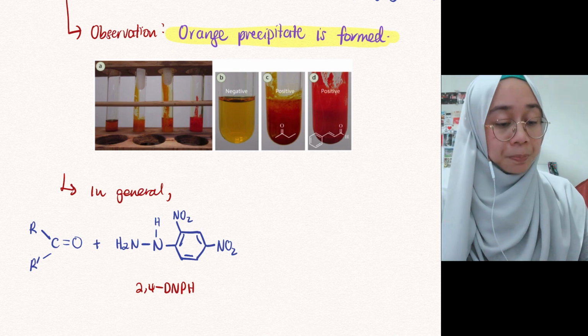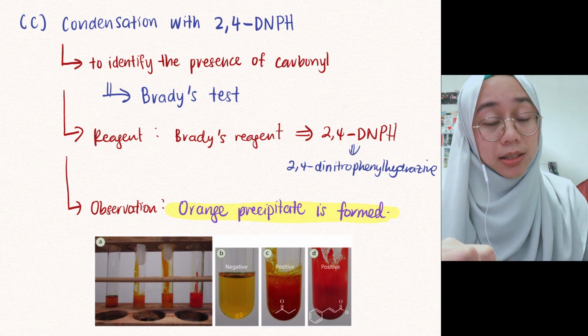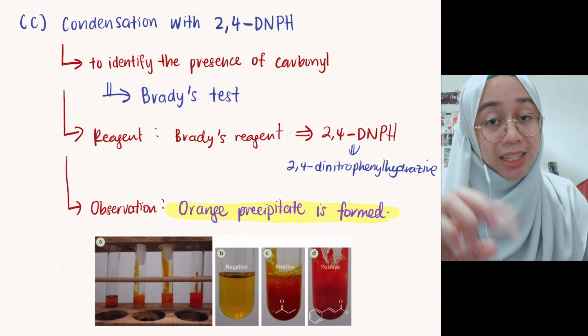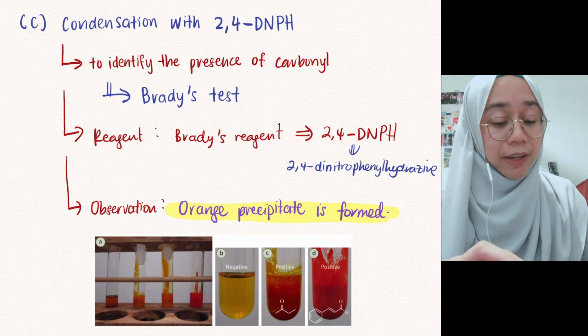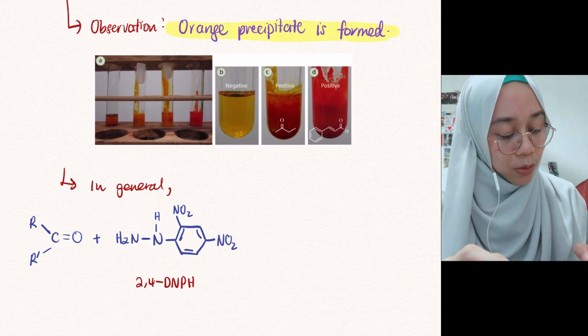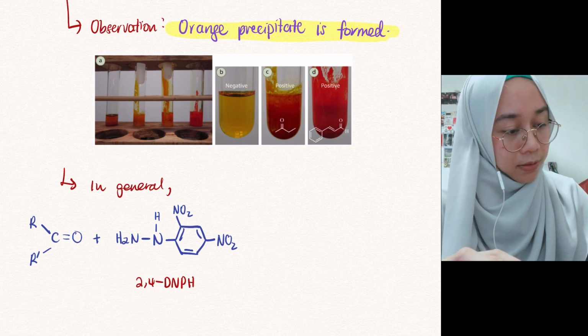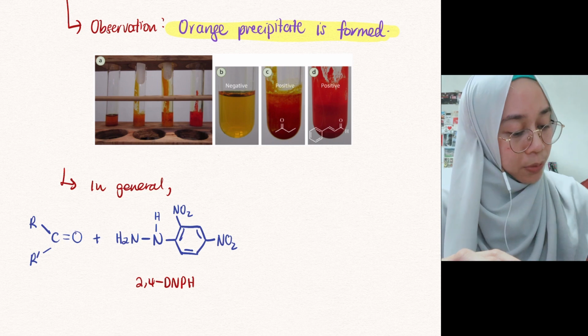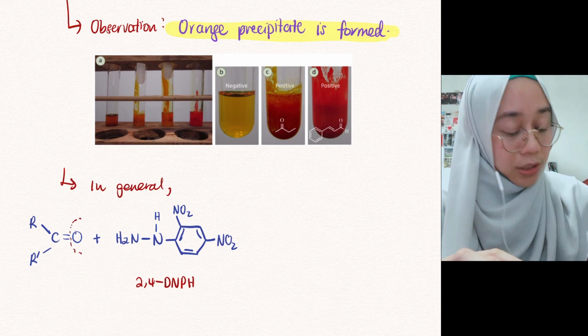Okay, jadi you know how the name of this reaction is condensation class. So condensation in this particular case meaning kita akan remove water. So specifically macam mana kita nak remove water daripada structure ni. So apa yang berlaku adalah kita punya daripada carbonyl group kita ni, kita akan remove the oxygen.